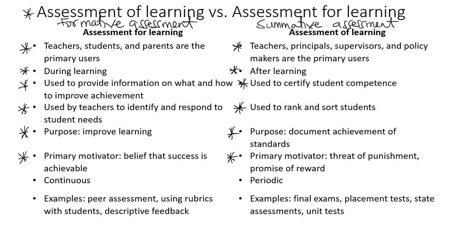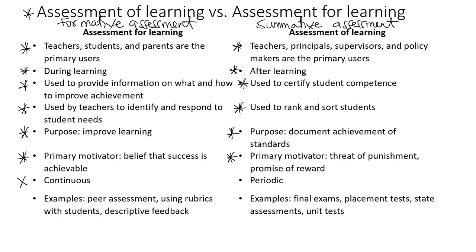So the motivation is to provide kind of a punishment, like if you don't pass, you cannot go to the next class. If you don't pass, you are not going to get a reward. So it's either punishment or promise of a reward.